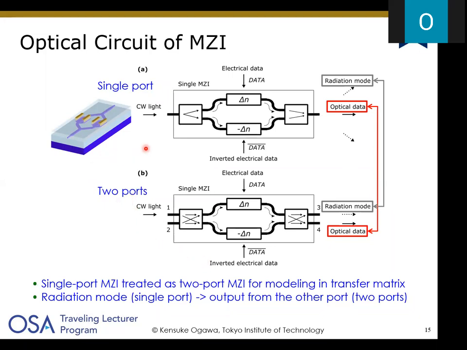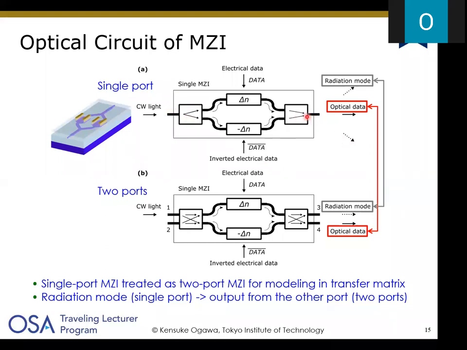So we modify the single-port Mach-Zehnder interferometer circuit into this two-port interferometer scheme without loss of generality. In real modulators, there is actually one input and one output, and the input signal is modulated.